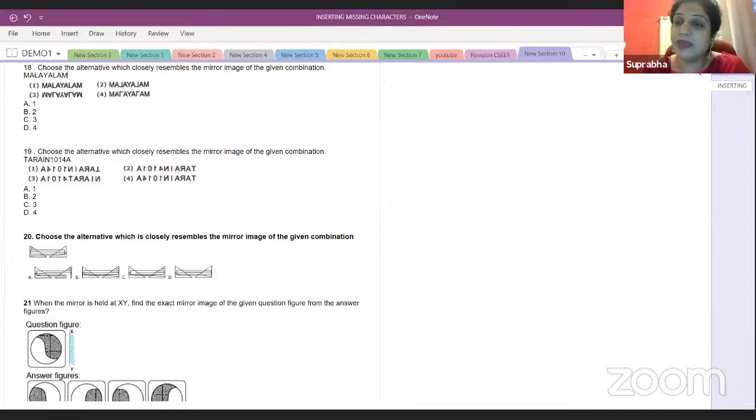You have to remember that. So if it is like this, it will turn into this. If my M is written like this and I turn the M, what will be its position? That is what you have to tell. So mirror image, water image, whatever it is, goes from right to left, don't make it upside down. So check in the word Malayalam, what can be your mirror image?